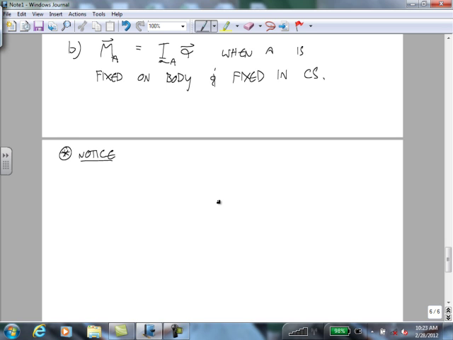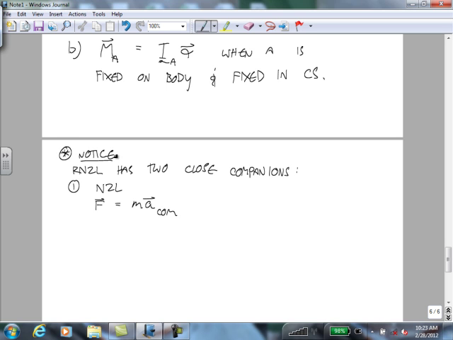Okay, so notice, this is important. This is going to be a key to using these things, especially when we start talking about linkages, like robotics type stuff, where a bunch of bodies are connected by joints. Rotational Newton's second law has two close companions that are going to come up in almost every problem.